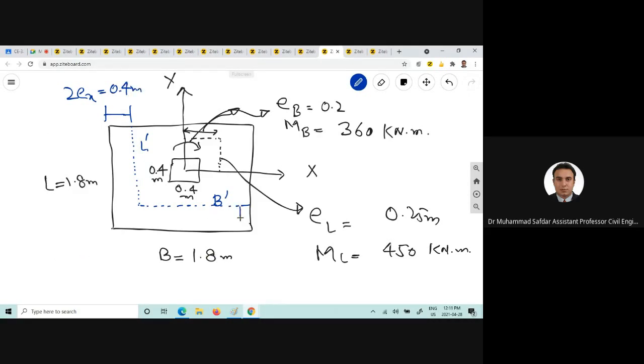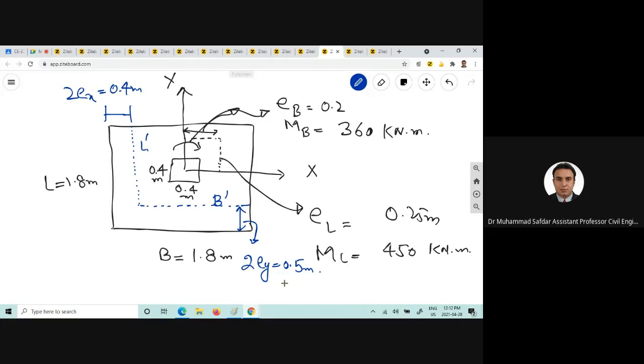Similarly, we would call this distance as 2ey, sorry, 2ey, and that would be 0.5 meter. Okay.